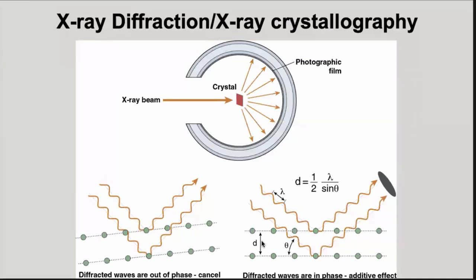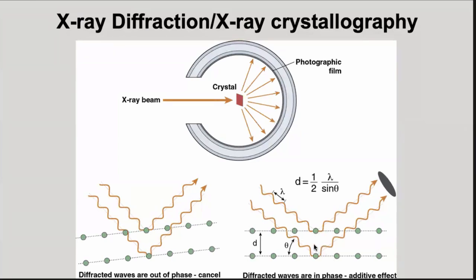D is the distance that you're trying to determine, the distance between rows of atoms. So D equals 1/2 lambda, Greek letter lambda, which represents the wavelength. The wavelength is actually the physical distance between peaks of the wave in the beam of X-rays. Lambda over sine of theta. And theta is this angle, the angle at which the X-ray beam is striking the surface of the crystal.